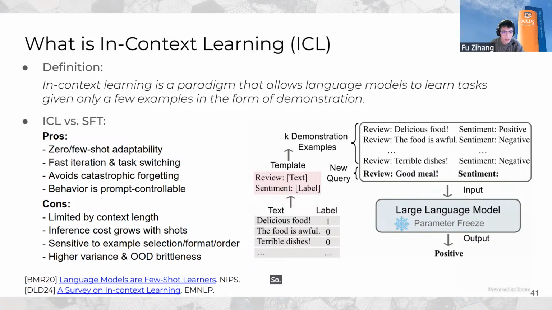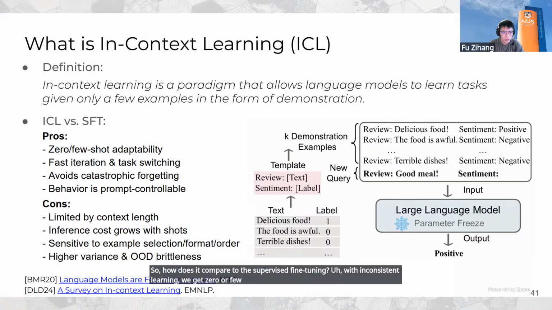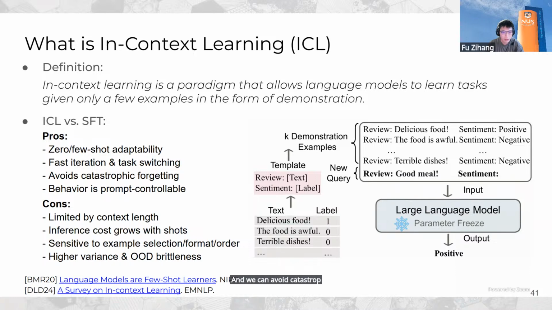So how does it compare to supervised fine-tuning? With in-context learning, we gain zero or few-shot adaptability. We can iterate quickly and switch tasks without retraining. We can avoid catastrophic forgetting because we never touch the weights. And we can steer behavior directly by editing the prompt. However, the trade-offs are also real.